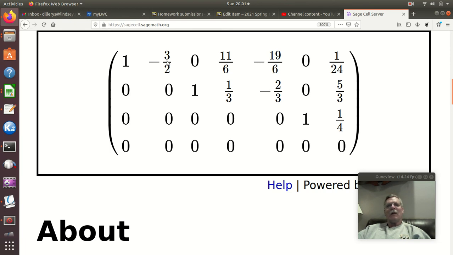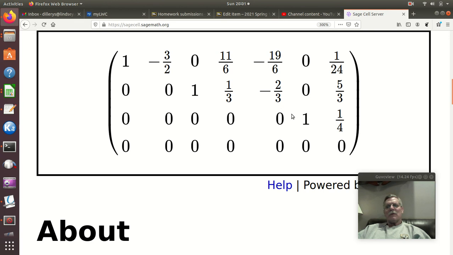And again, those variables that are arbitrary, the x2, the x4, and x5, we can move those over to the right hand side and just pick those as arbitrary elements.